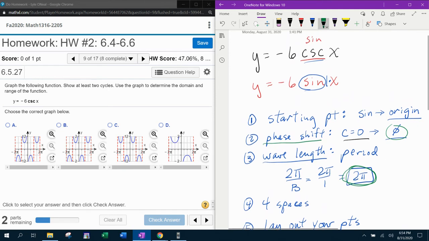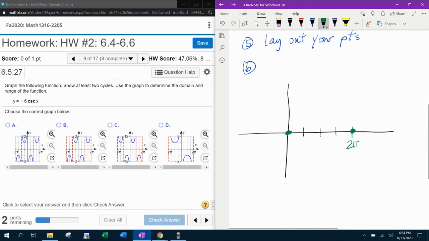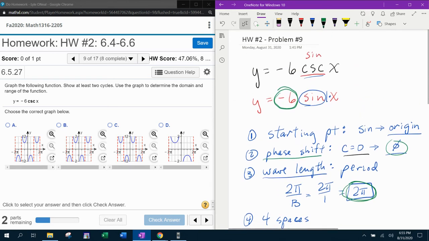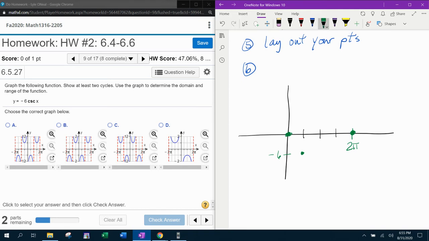Now, the original function had a -6 as a coefficient, and that means that at the first hash mark, we need to be down here at -6. So the coefficient of your sine function tells you where to be at your first hash mark. If it was +6, I would have had a point up here. But since it's -6, it goes down here.